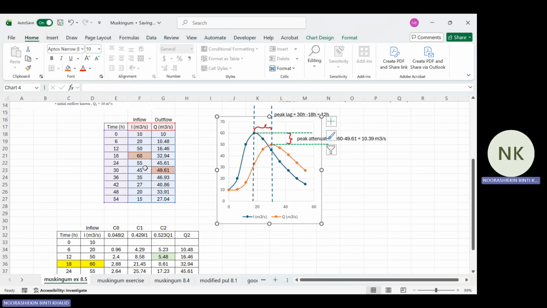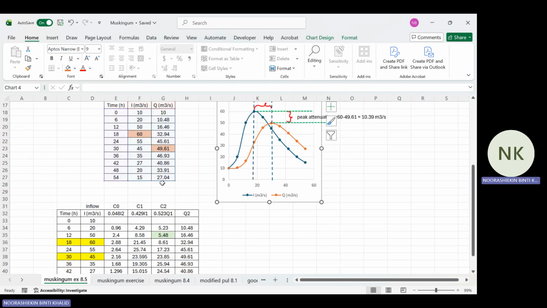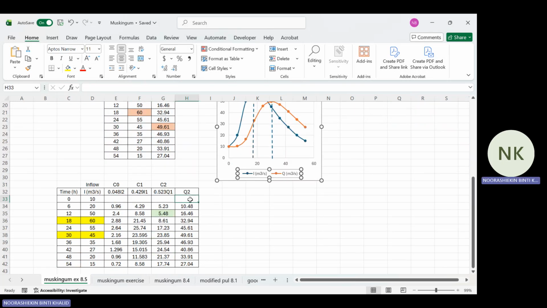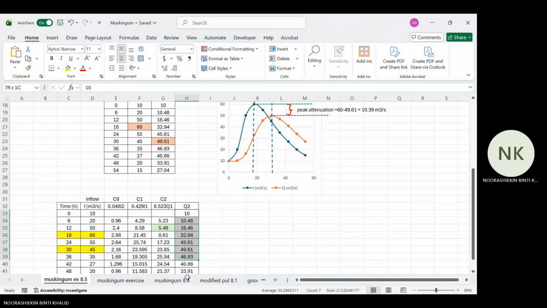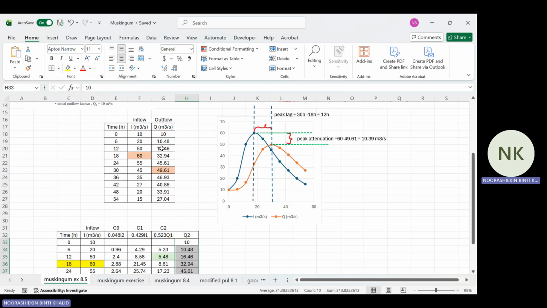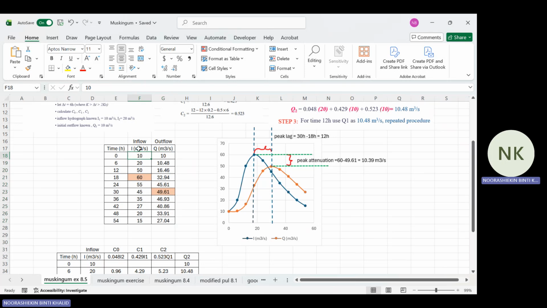I just copy the first 10 into here. Actually, just plot the graph of I and Q, inflow and outflow, so you get this graph.